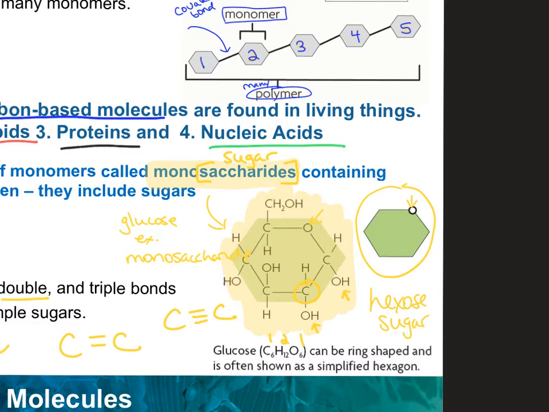And obviously it's hexose because it has a 6-sided hexagon shape. And anytime you see OSE, you should think sugar. So OSE, sugar.